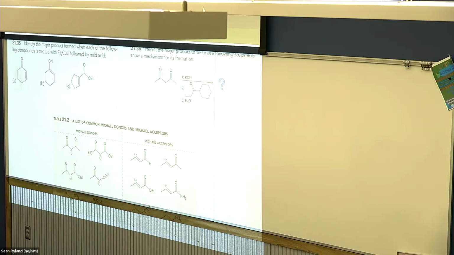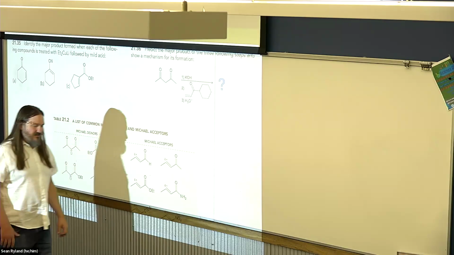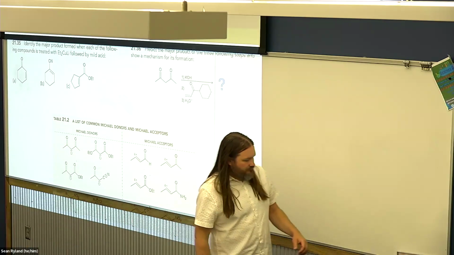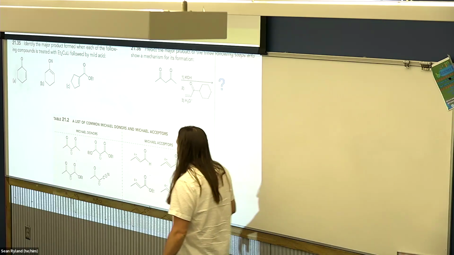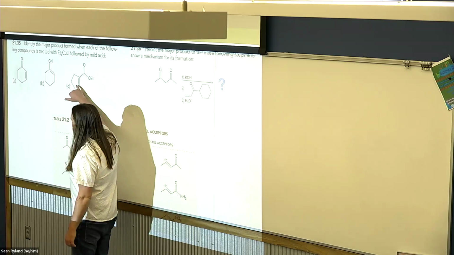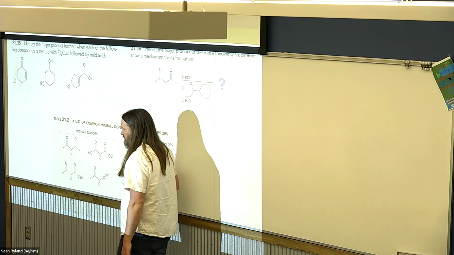Versus the more reactive nucleophiles, which will add to the carbonyl carbon instead. So that's why this gets classified as a separate reaction, because these are the reactions that put the addition on the beta carbon instead.